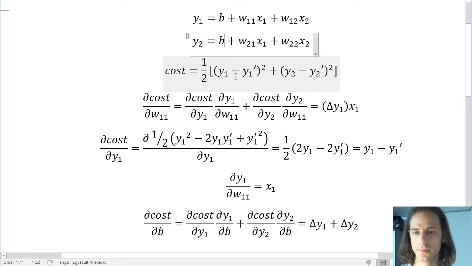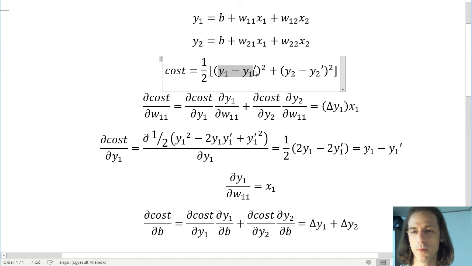That will change this some way, and this some other way. Anyways, you get what I'm saying. So it's going to change in both of these and both of these.